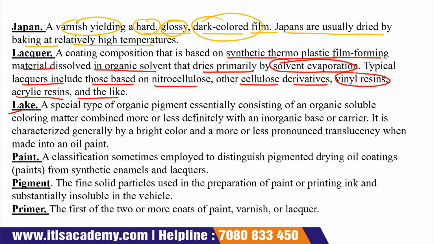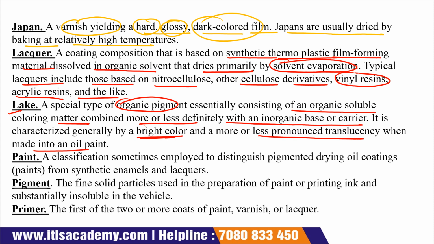Next is lake. This is a special type of organic pigment: an organic soluble coloring matter which is combined more or less definitely with an inorganic base or carrier. Simply, lakes are characterized by a bright color and a more or less pronounced translucency when made into an oil paint.